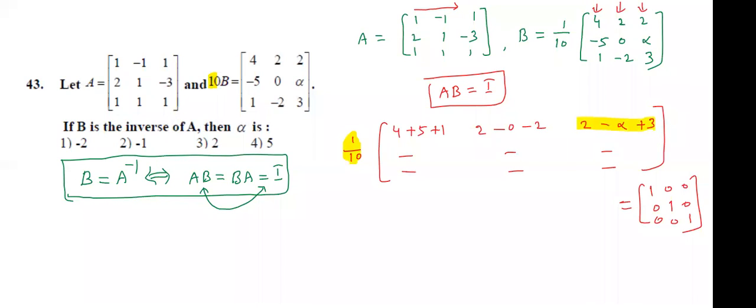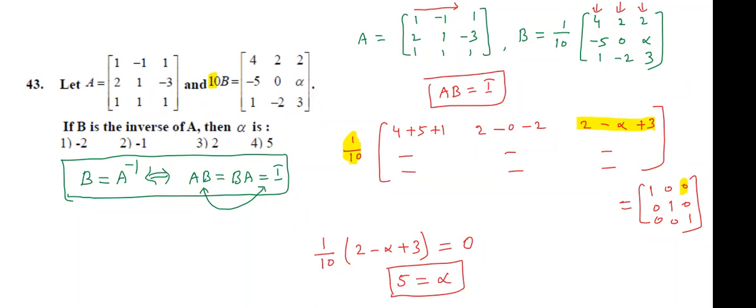Yes or no? So 1 by 10 into 2 minus alpha plus 3. What is the corresponding element, students? 0, or not? That is equal to 0. 1 by 10 going to the right hand side is 0. Finally, 5 is equal to alpha.